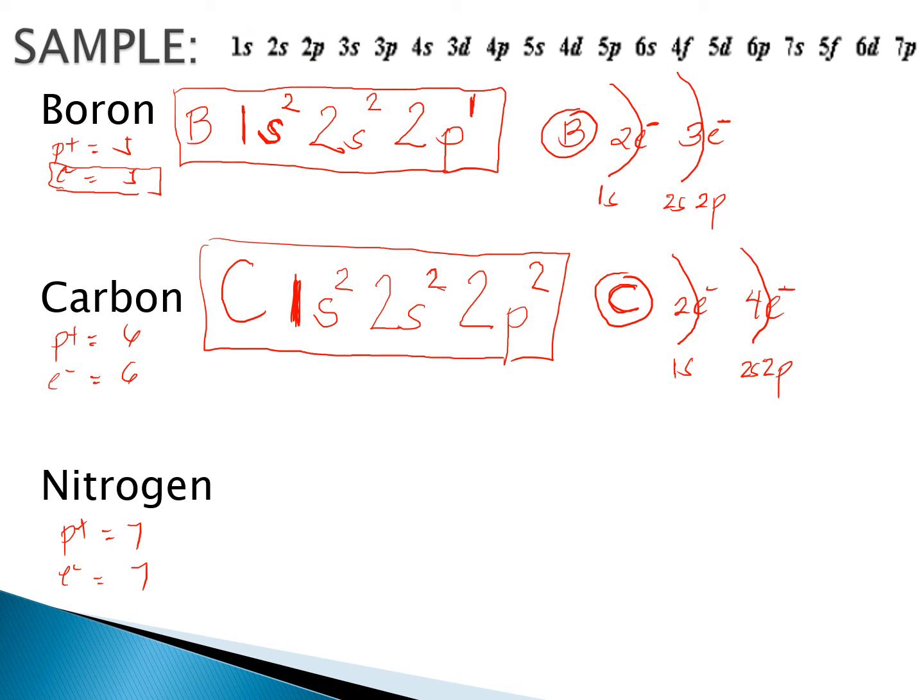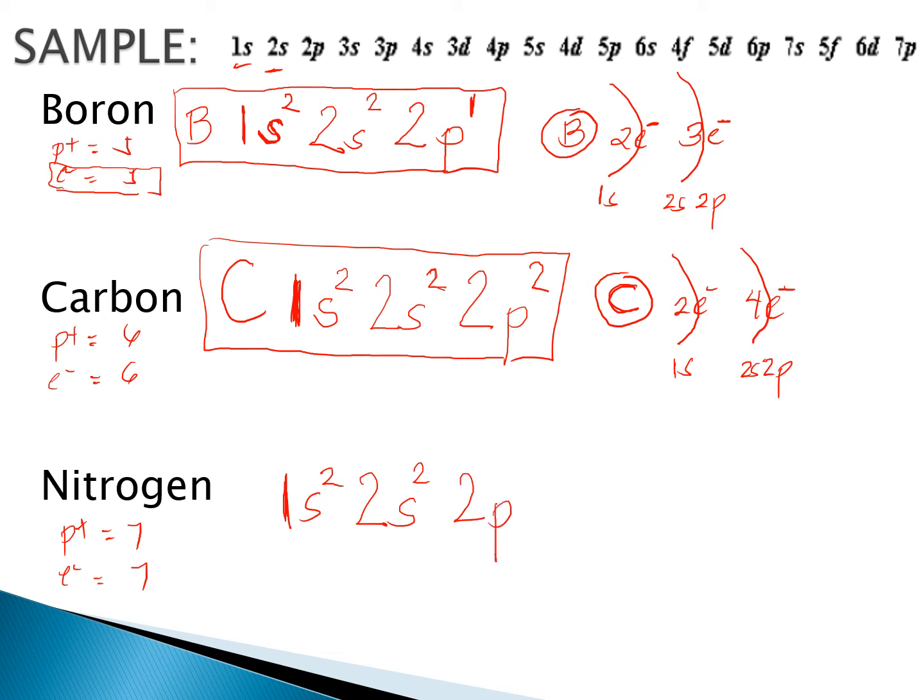So, we will start with 1s again. So, we have 1s, possible number of electrons maximum 2. And then, after that, we will proceed with 2s. So, we have 2s, 2 again. And then we have 2p.